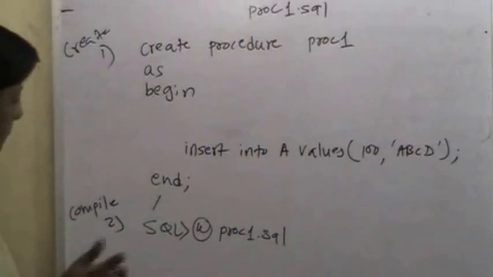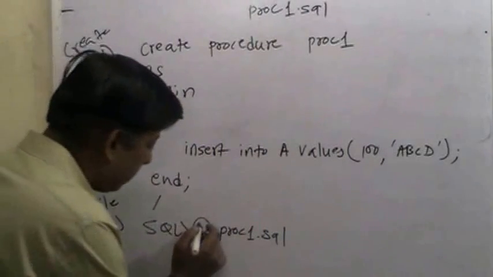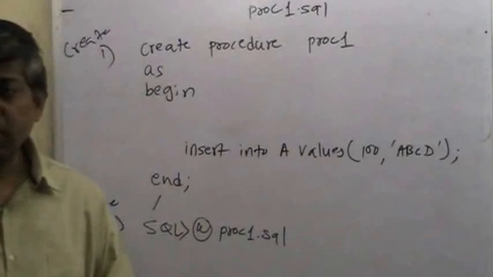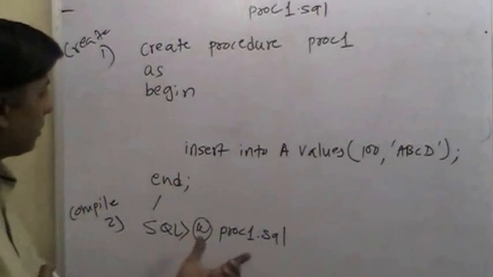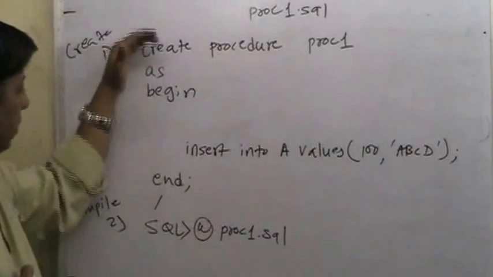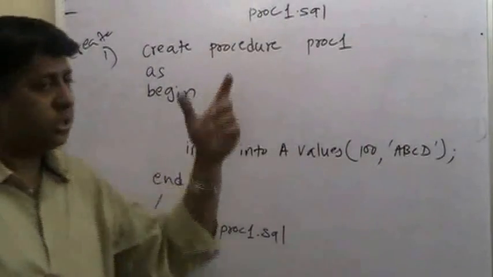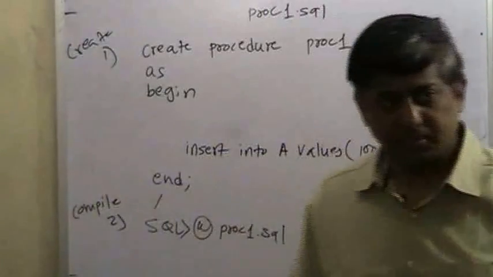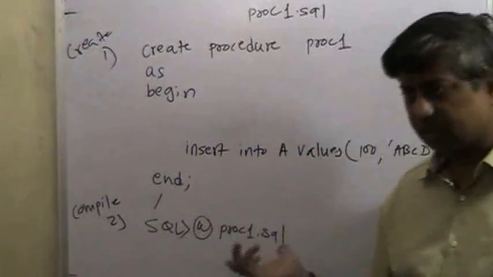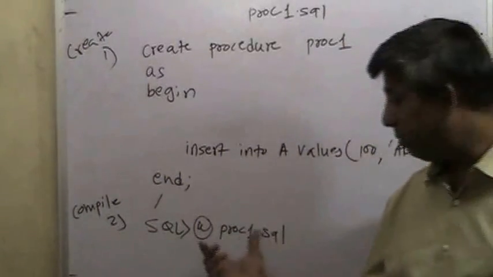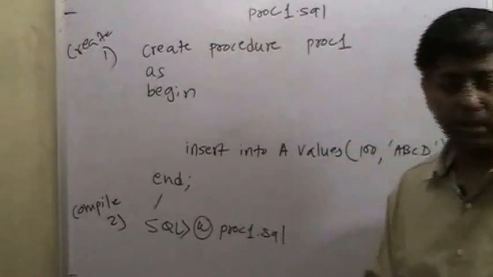This is what you do at the SQL prompt. The moment you do this, it will execute this code and it will say procedure created successfully. Just like table created successfully, you will see a message called procedure created successfully.